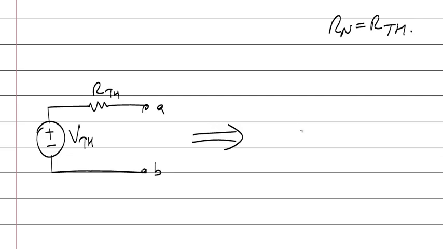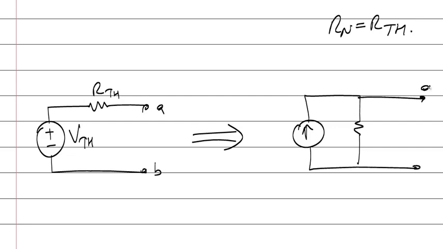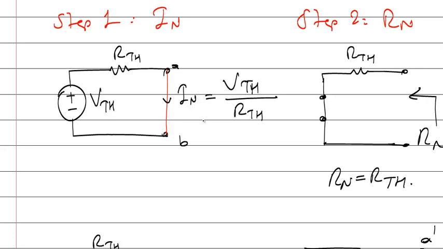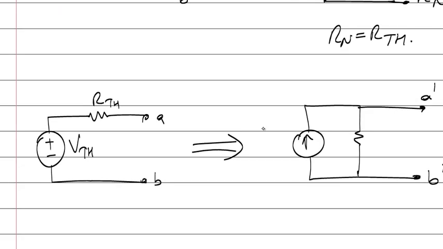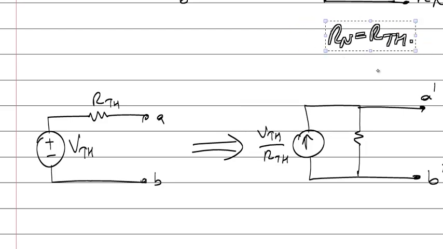Norton equivalent of that circuit is 1 current source, 1 resistor, A prime, B prime. The value of current source is V Thevenin divided by R Thevenin, and the value of the resistance is R Thevenin. Okay.